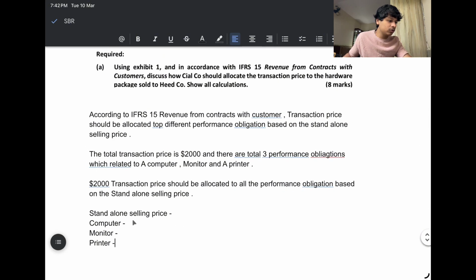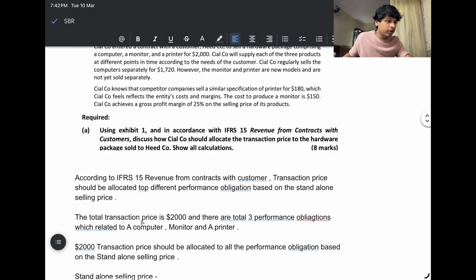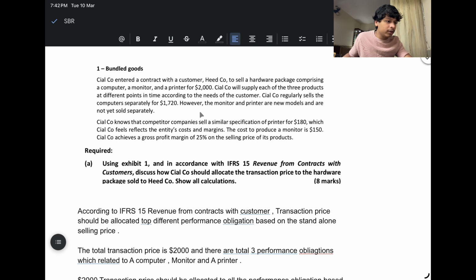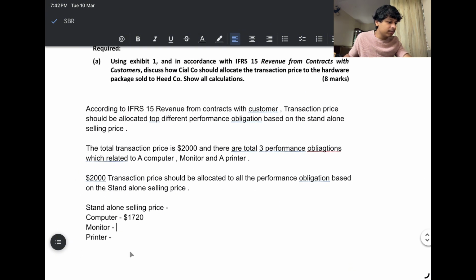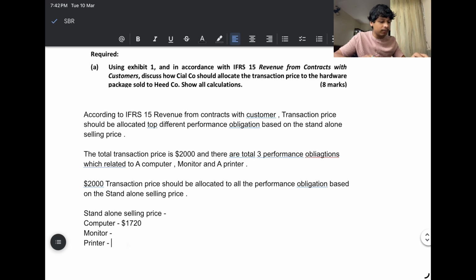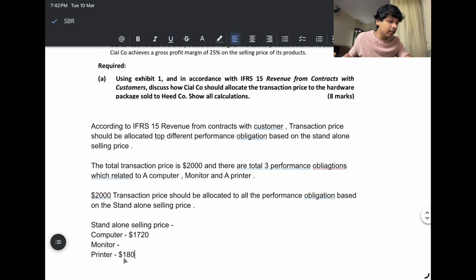The monitor and printer are new models and are not yet sold separately. CL company knows that a competitor sells a similar specification of printer for $180, which means we can consider the standalone selling price of the printer as $180.